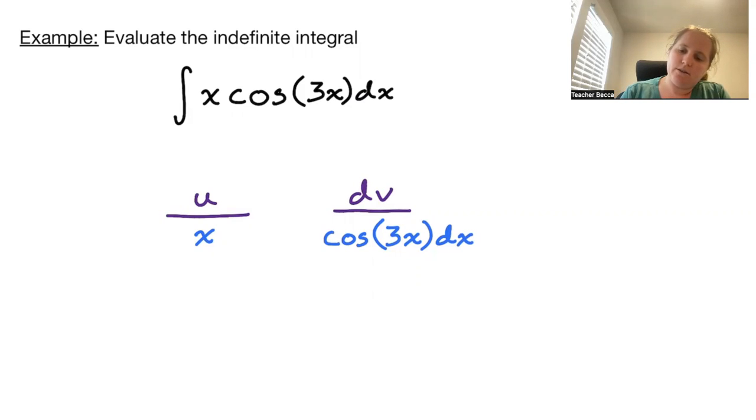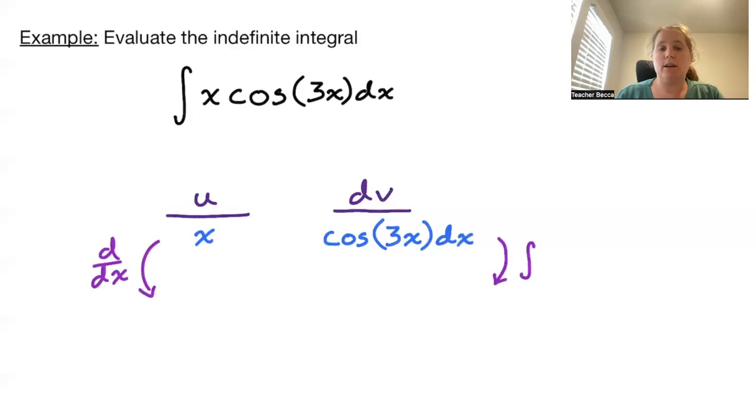Then we'll go ahead and differentiate on the left-hand side. We will integrate on the right-hand side. So if we differentiate x, we just get 1. If you want to write that as du, you can, or we can leave it alone.